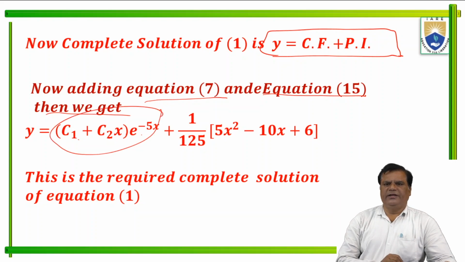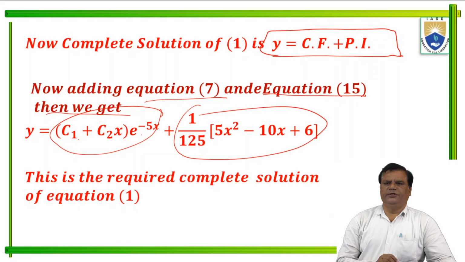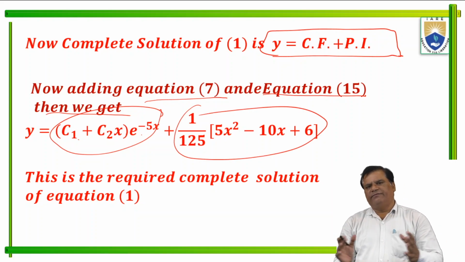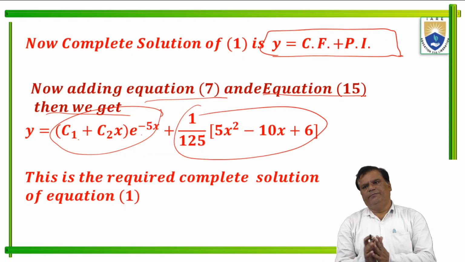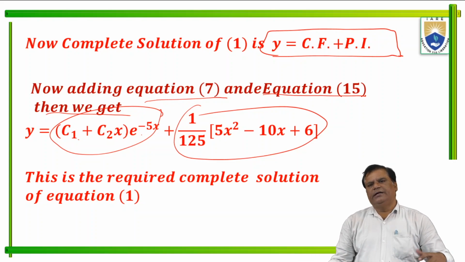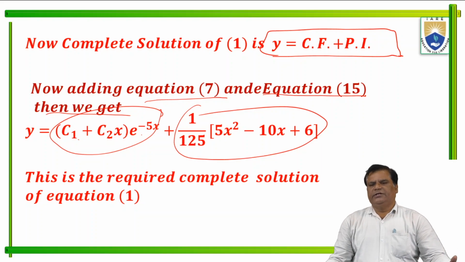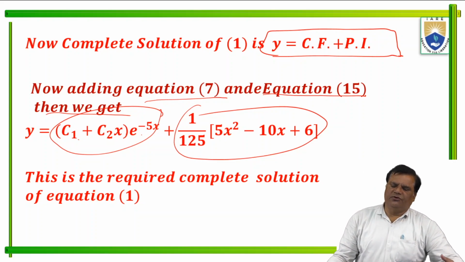This is the complementary function of the given equation, and this is the particular integral of the question. So after adding the complementary function and particular integral, we get the complete solution of the given question, which is the linear differential equation of second order with constant coefficients.